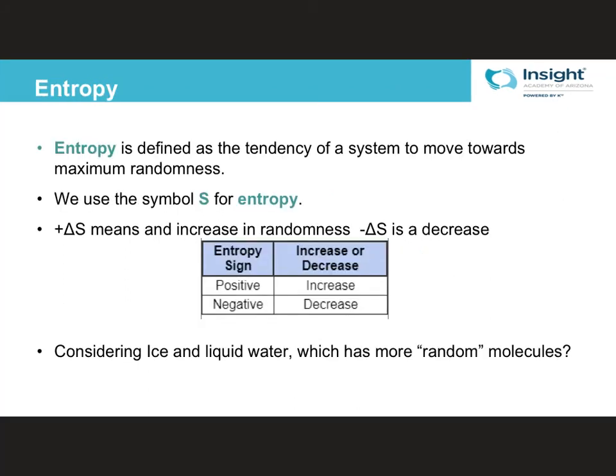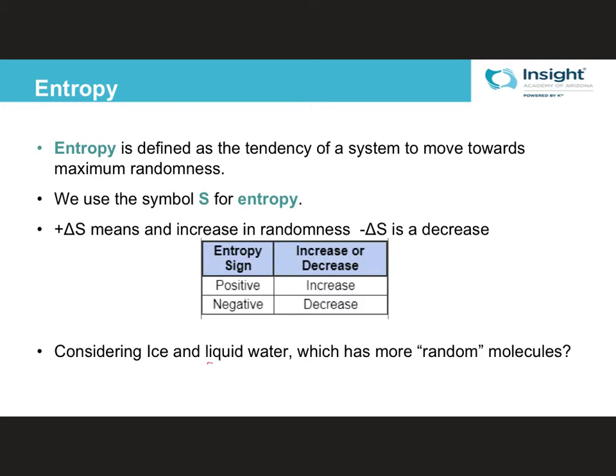So entropy is defined as the tendency of a system to move towards maximum randomness. We use S for the symbol of entropy. Positive means an increase in randomness. Negative is a decrease in randomness. So thinking about that ice and liquid water, which has more random molecules, less organized, moving around more?